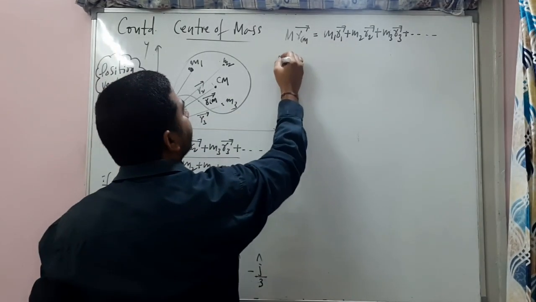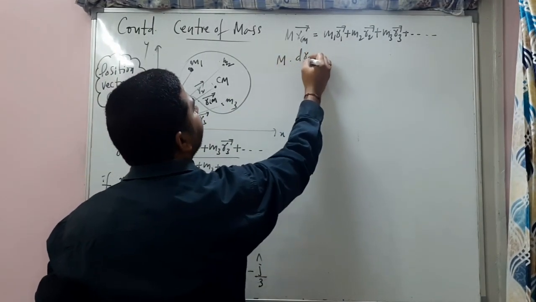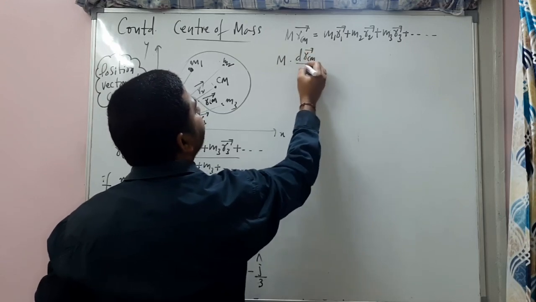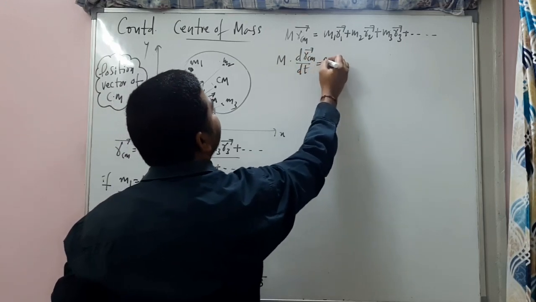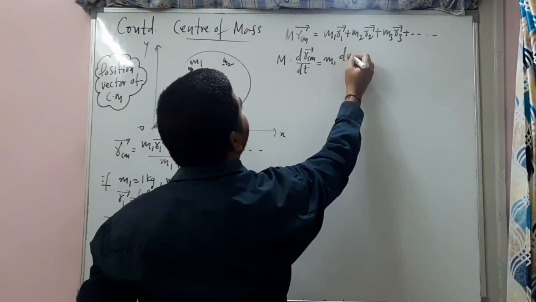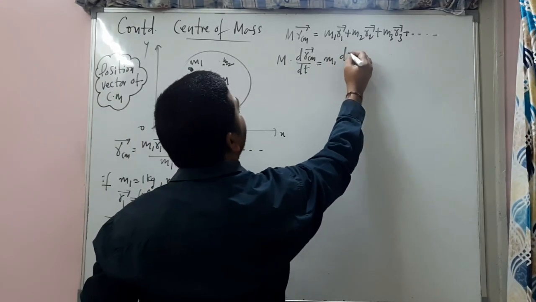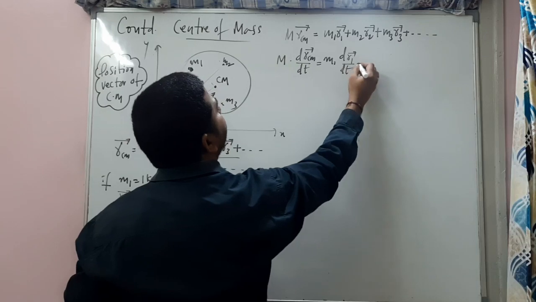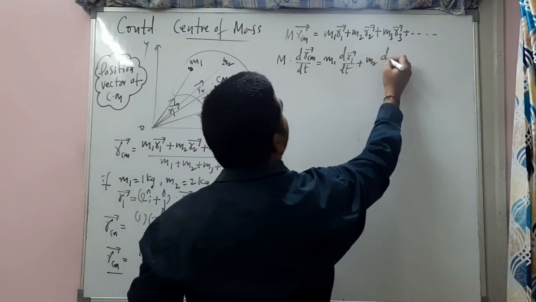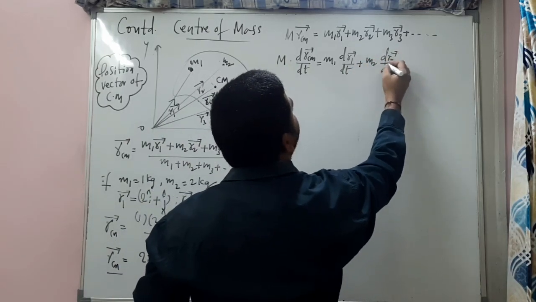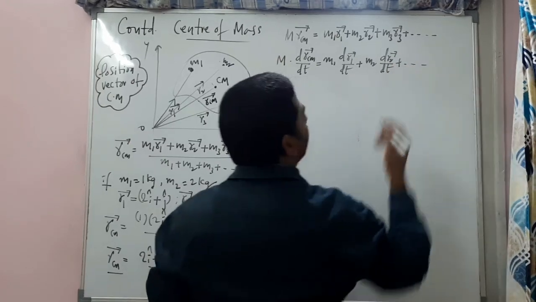What happens? M into dRCM bar by dt is equal to M1 dR1 bar by dt plus M2 into dR2 bar by dt plus so on.